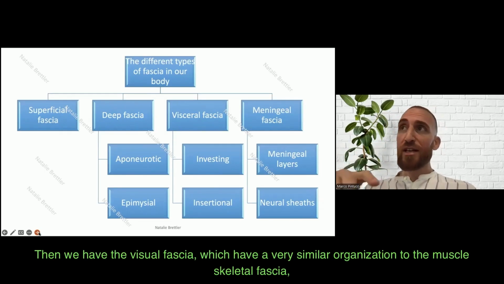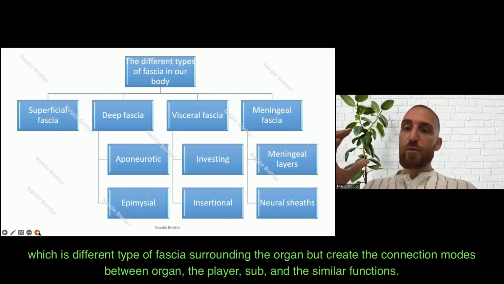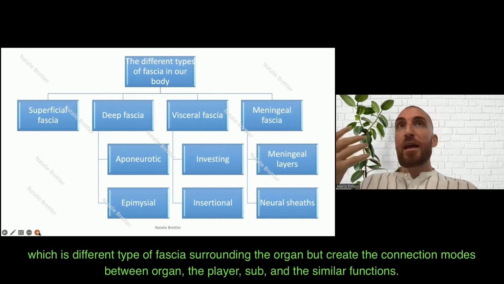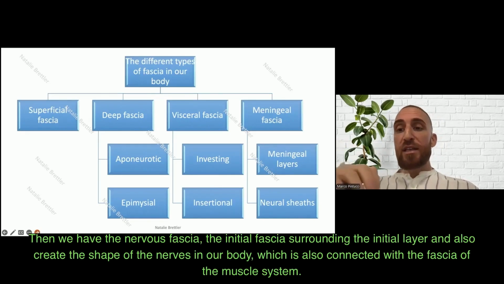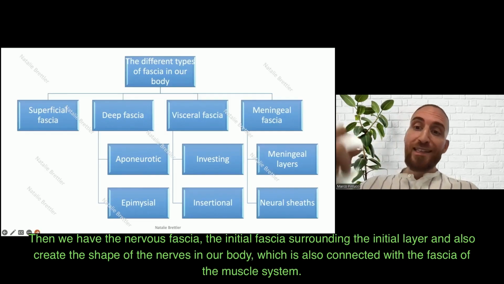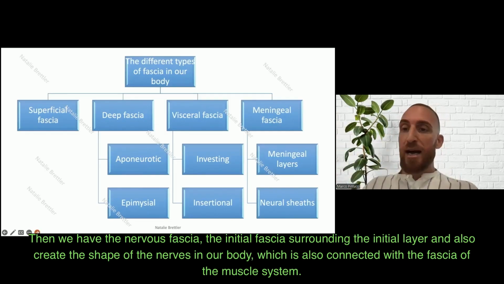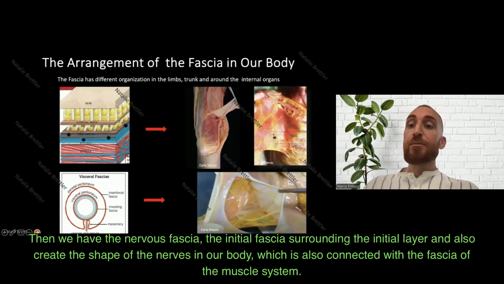Then we have the visceral fascia, which has a very similar organization to the musculoskeletal fascia. It is a different type of fascia that surrounds the organs but also creates the connection between organs that play similar functions. Then we have the nervous fascia, the meningeal fascia, which surrounds the meningeal layer and also creates the sheath of the nerves in our body, which is also connected with the fascia of the muscular system.